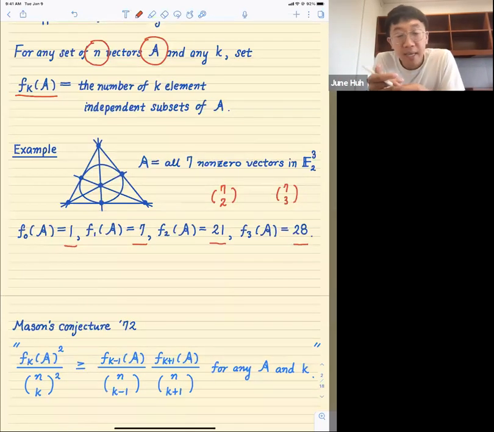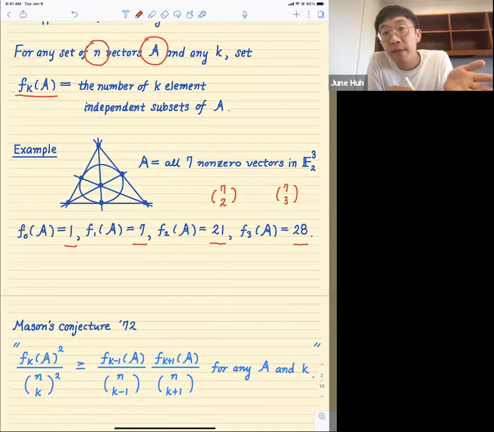And I guess the intuition, or just a way to think about this conjecture, would be the following. If you start with an infinite field in some finite dimensional vector space, and if you have picked your vectors randomly, then your Fk will be, of course, n choose k, because there are no unexpected dependencies.